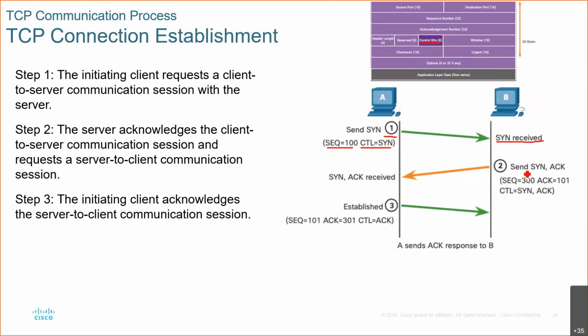Then the destination will reply to this SYN. It will send a new sequence 300. It will acknowledge this one, and CTL is still SYN, and it will send the acknowledgement back. Once it is received, the third part of the handshake, sequence 101, will be sent, acknowledging the 300, and CTL equal to ACK will be sent.